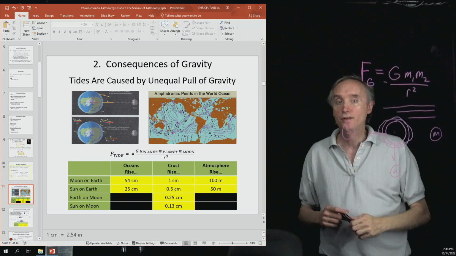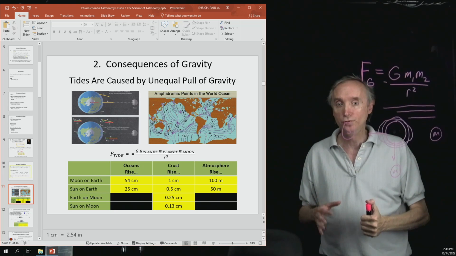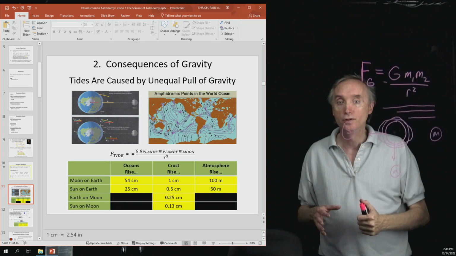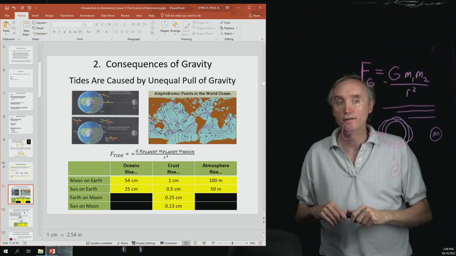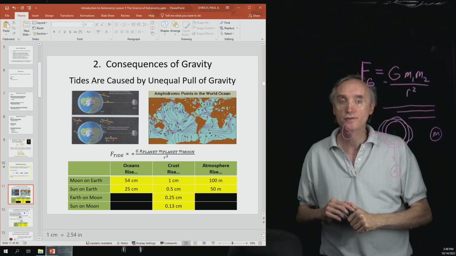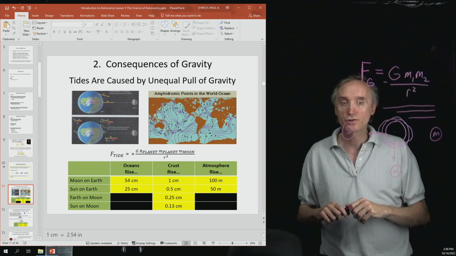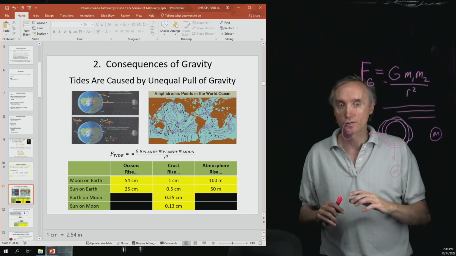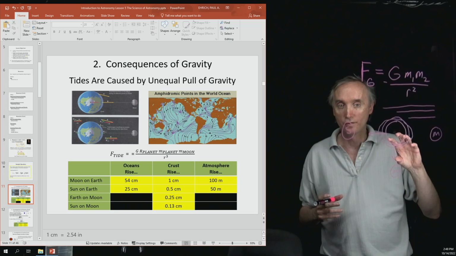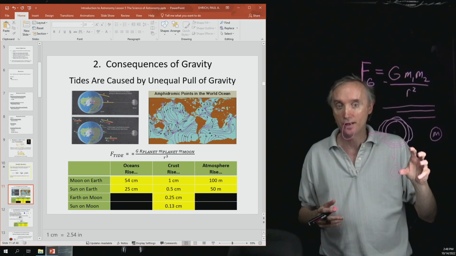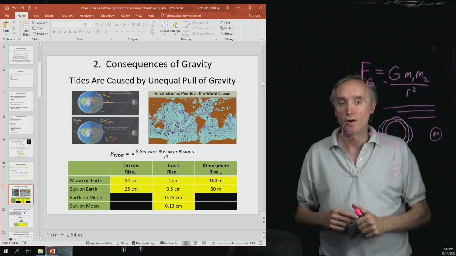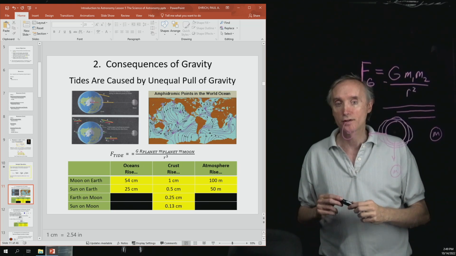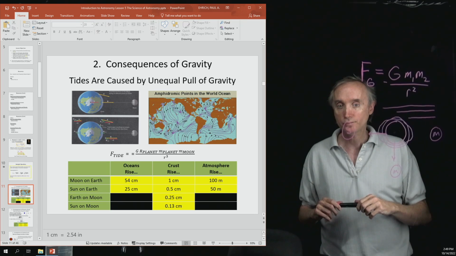So the crust of the moon is also going to be pulled by the gravity of the earth, and it rises by 0.25 centimeters. Not very much, because of course the crust of the moon is very rigid and it doesn't like to be bent that much. And then the sun also pulls on the crust of the moon.